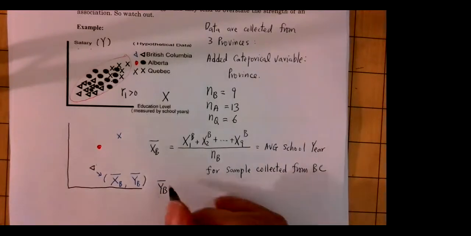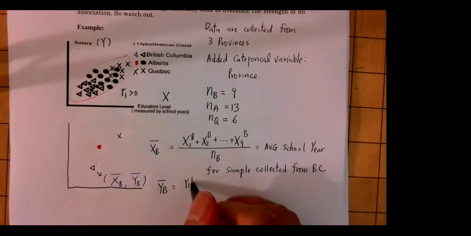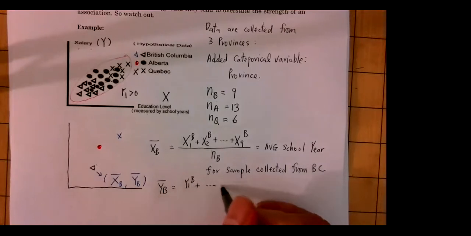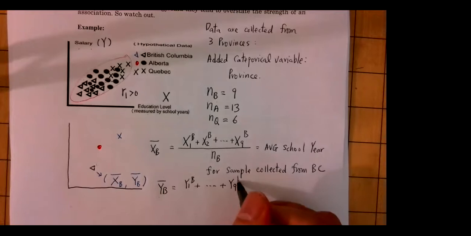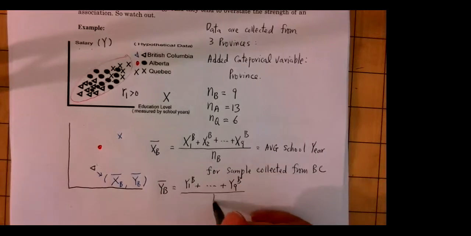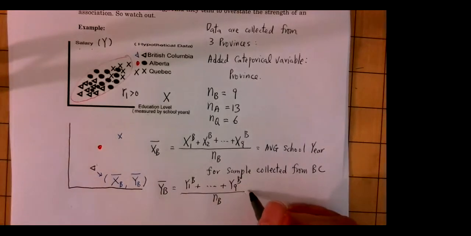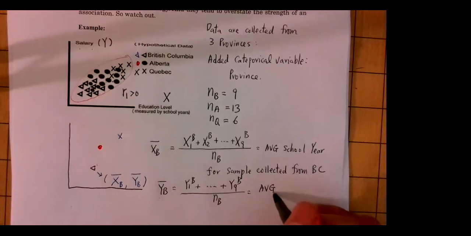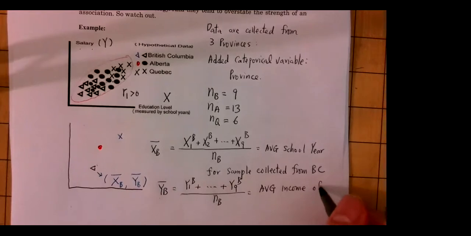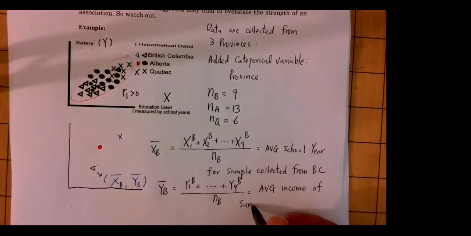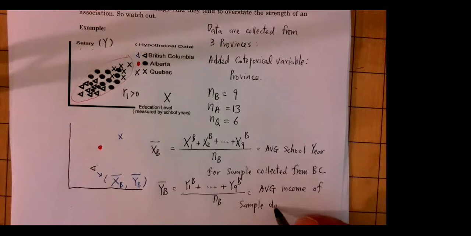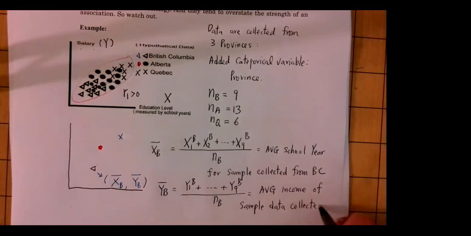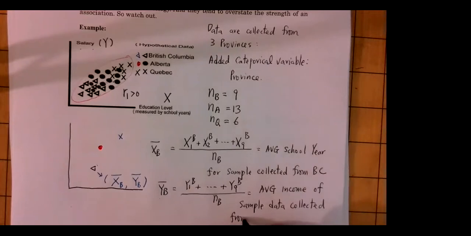And what's YB bar? It is Y1B plus all the way up to Y9B divided by NB. So this is average income of sample data collected from BC, okay?